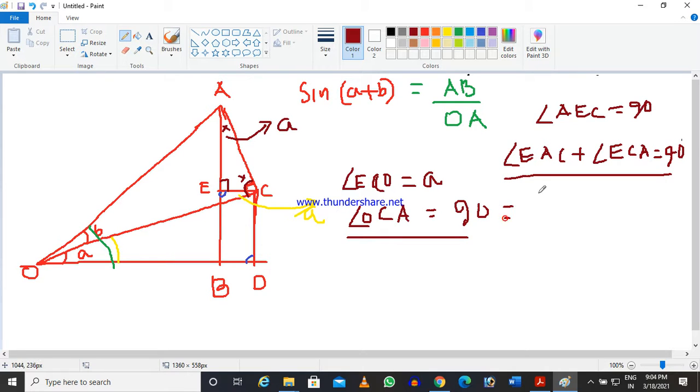So I can say OCA is equal to EAC plus ECA. Now OCA is equal to what?